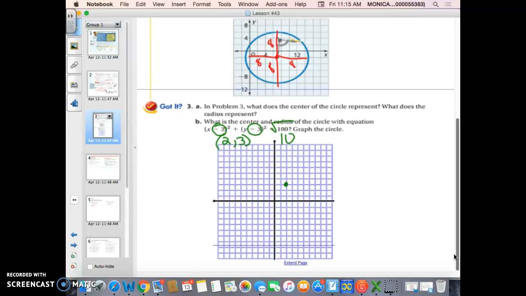I don't know if it's going to fit on this graph. 1, 2, 3, 4, 5, 6, 7, 8, 9, 10 would be right about here, and 1, 2, 3, 4, 5, 6, 7, 8, 9, 10 would be about here, and here and here. So I'm just going to draw an arc that connects each of the dots because I don't have a compass. So your circle might look more like a funky square. That's okay, because we're just sketching it at this point.